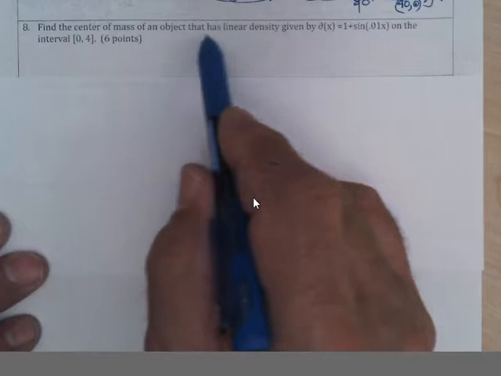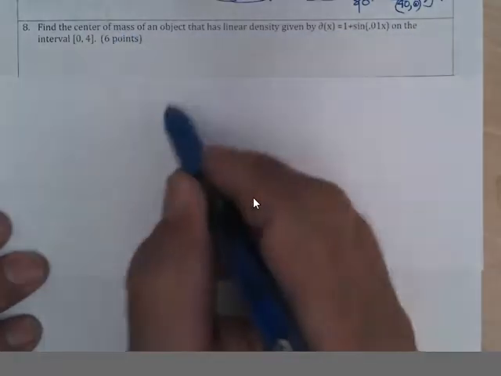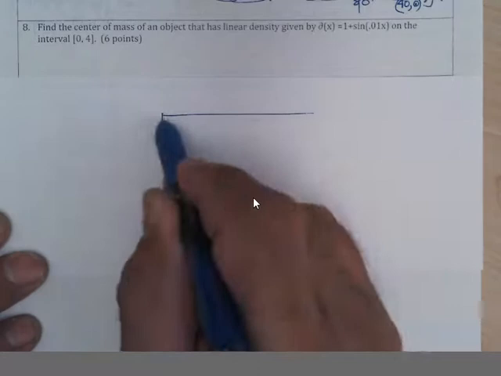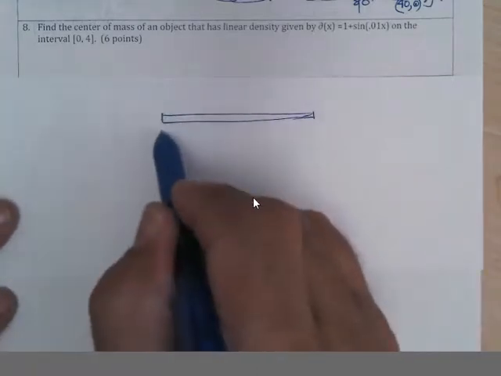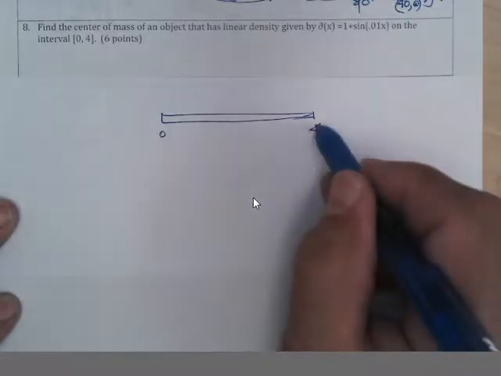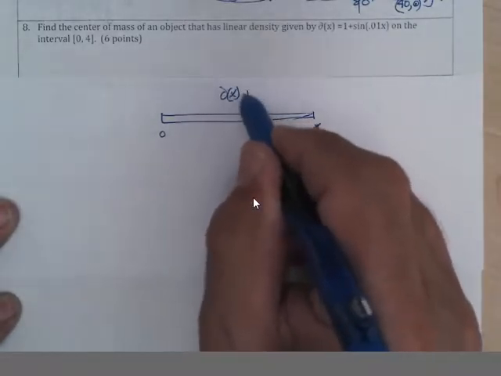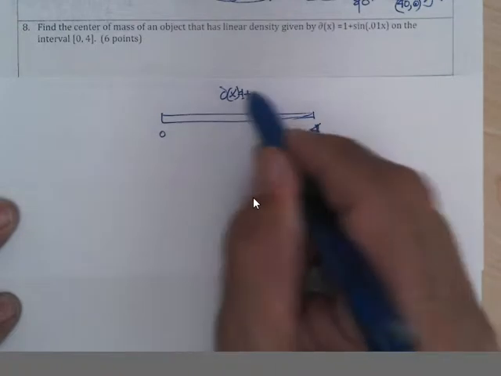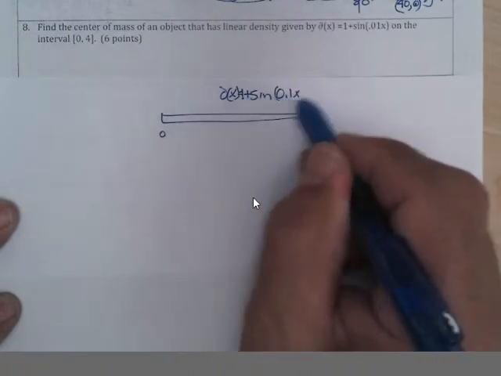Okay, the next one. Center of mass of an object has a linear density of this. So as we go down this object, whatever it is, let's say it's a rod, from 0 to 4, the linear density is 1 plus sine of 0.1x.